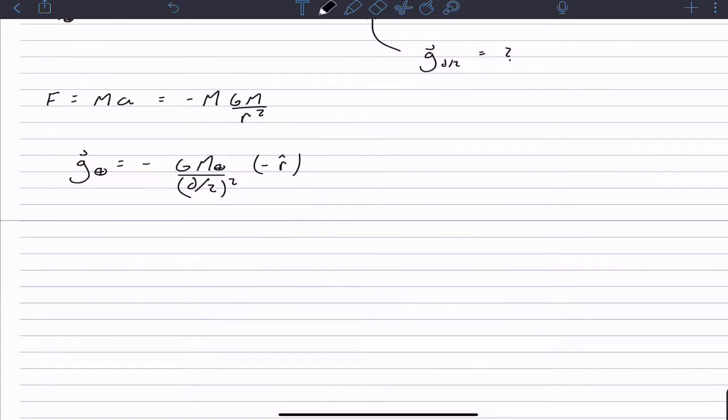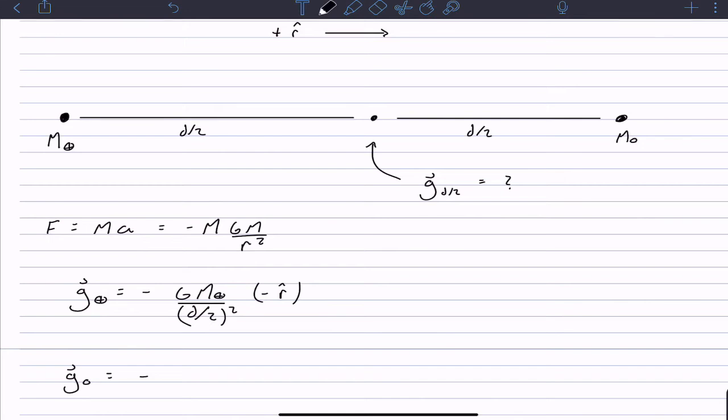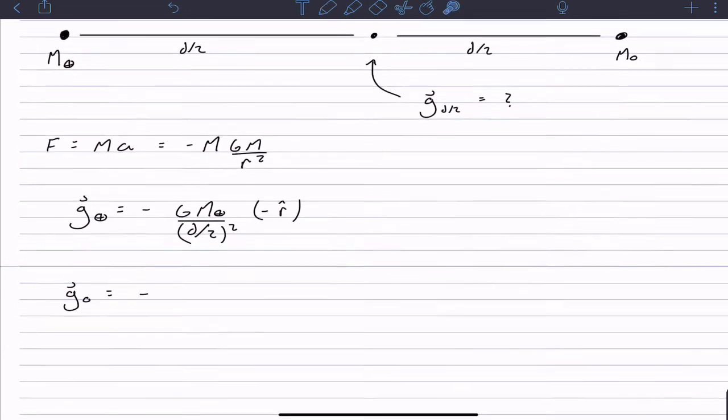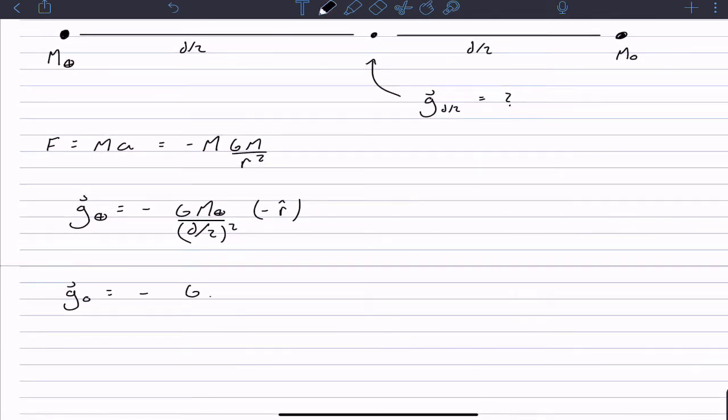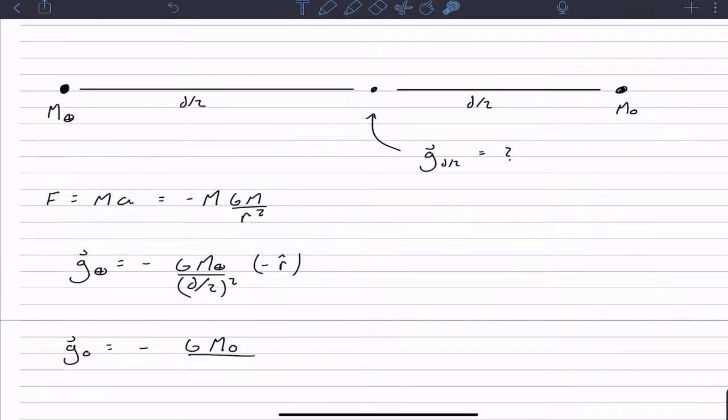Now let's consider the Moon. We do a similar thing. Let's just write it down first. The mass of the Moon over, again, the same distance because we're just splitting the difference between the two objects.